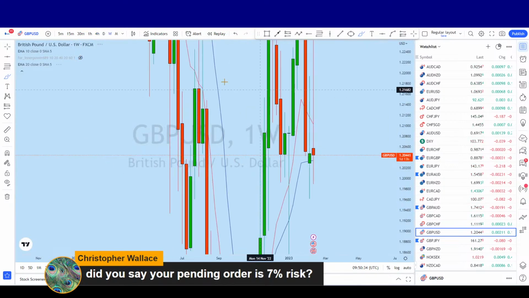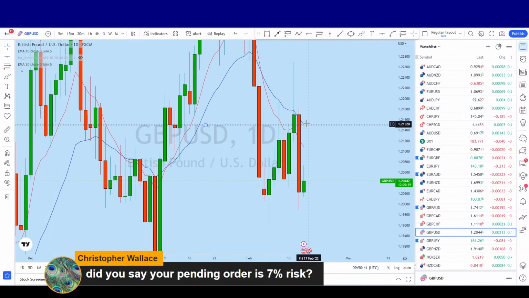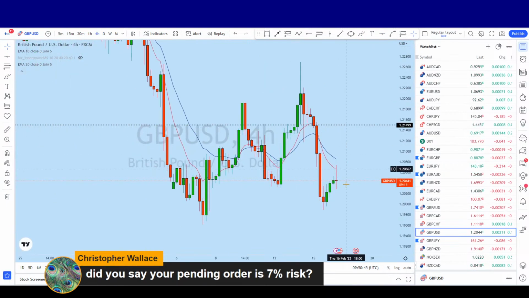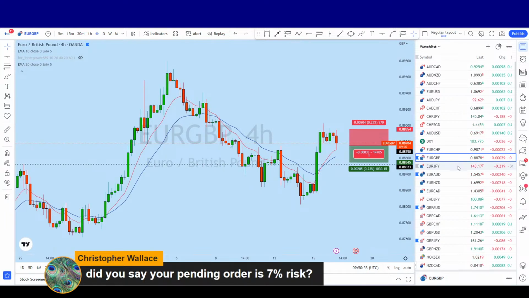Now, if that's the case, if we look at the daily, I think that the price will hit the daily 20 EMA. From that level we could see GBP USD coming down. I think GBP is likely to go up a little further, but Euro GBP, keep it as it is.